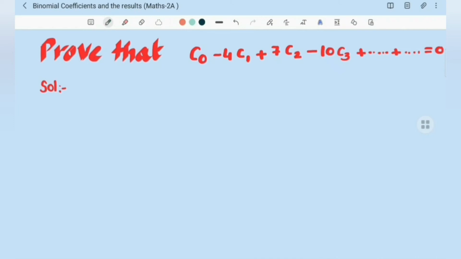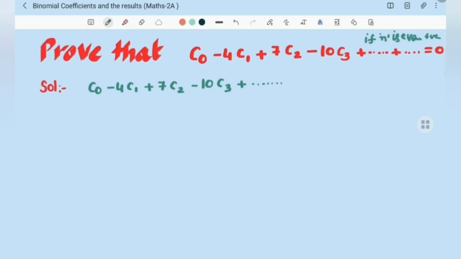Here, n is an even positive integer. So first you have to write the series C0 minus 4C1 plus 7C2 minus 10C3 plus and so on.